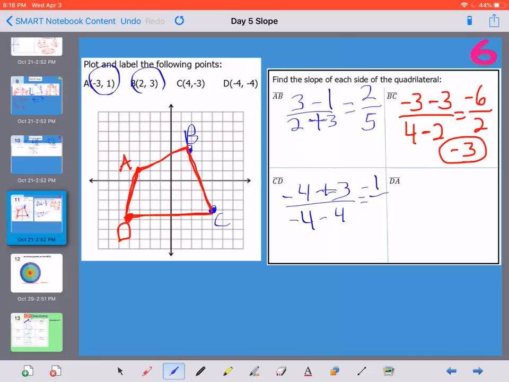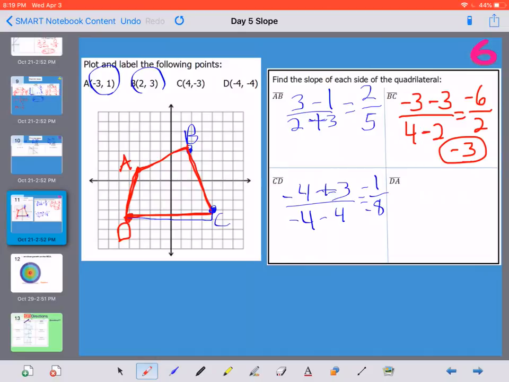Negative 4 minus 4 is a negative 8. So our slope here then is actually going to stay negative 1 over negative 8 because we're going from C to D. So we're going down 1 and over the opposite way, 8.